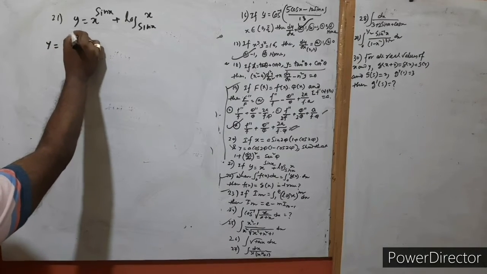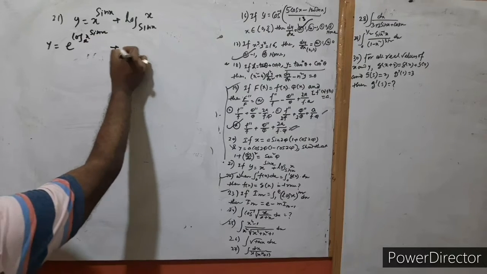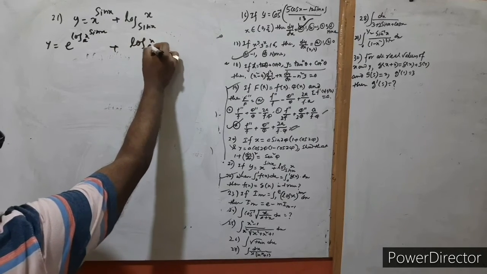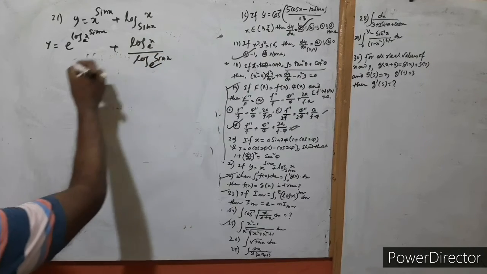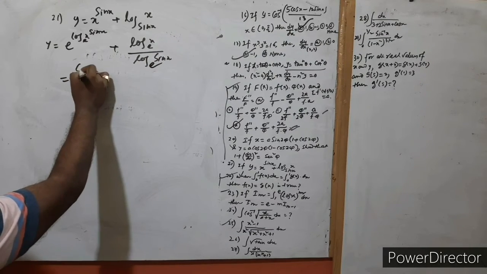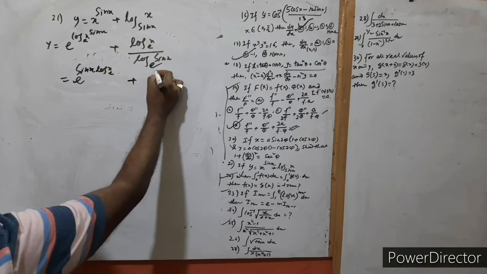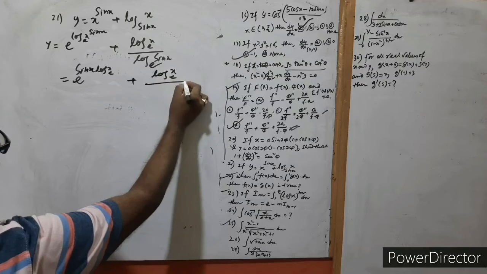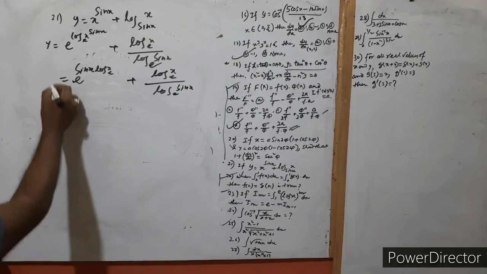You can write here e to the power log of x to the power sin x to the base e, and you can write like that, changing the base here, okay, and you can write sin x and log x to the base e and log x by and each of them to the base e here.